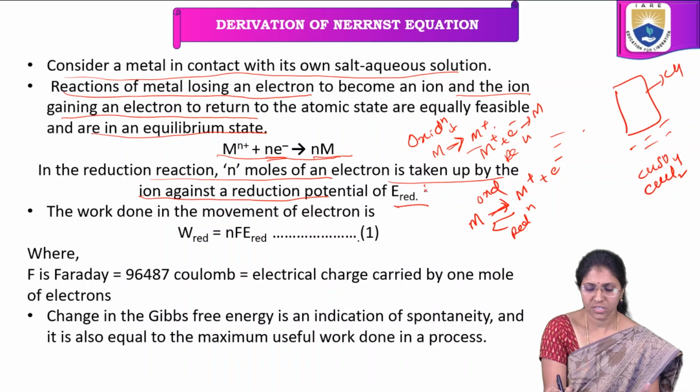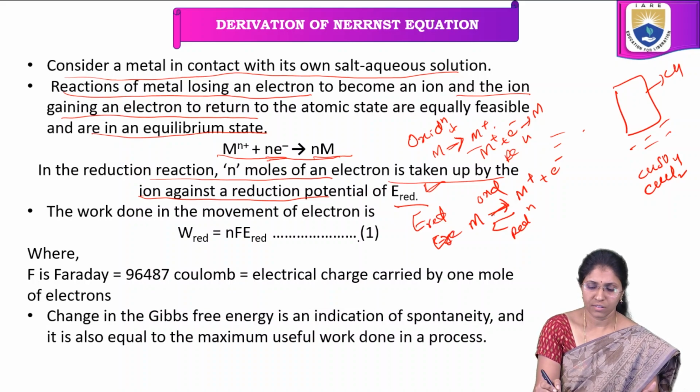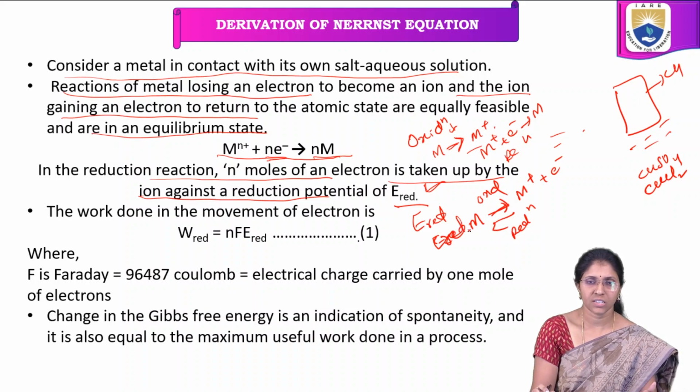The potential developed due to this reduction reaction, the potential of the cell during the reduction, is denoted by E red.